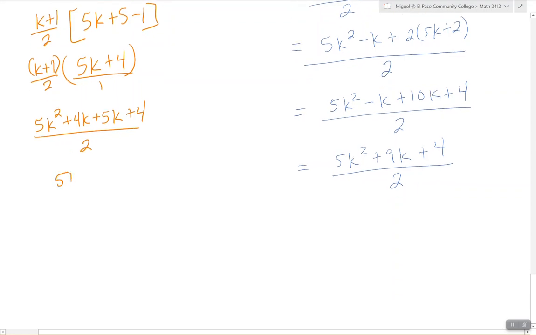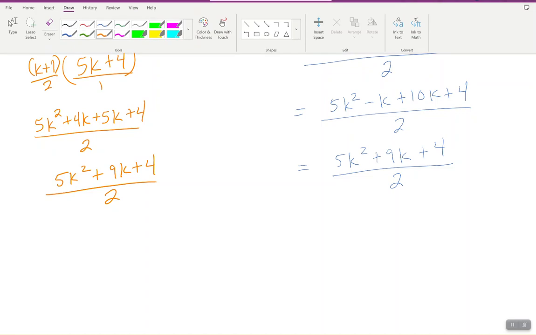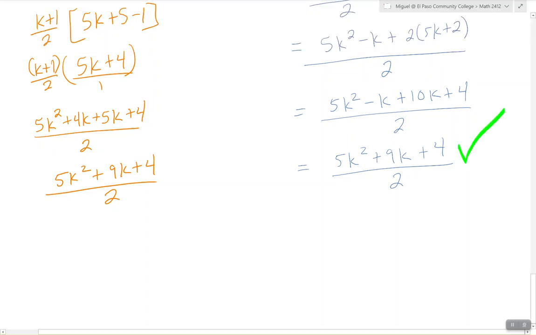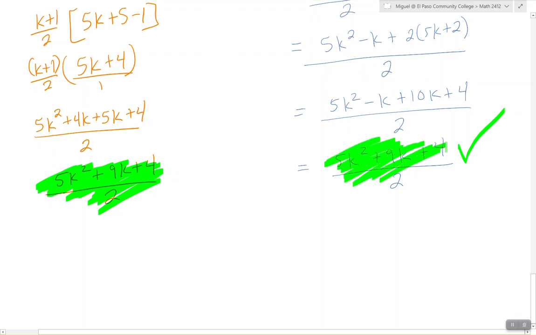And then simplifying a bit, 5k squared plus 9k plus 4 all over 2. And that works out for us. Okay, good.